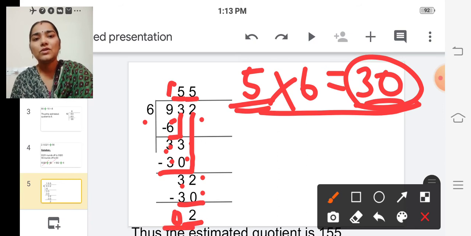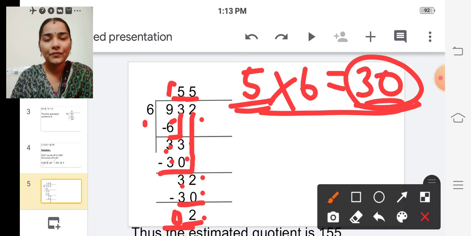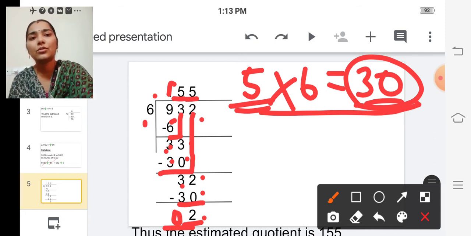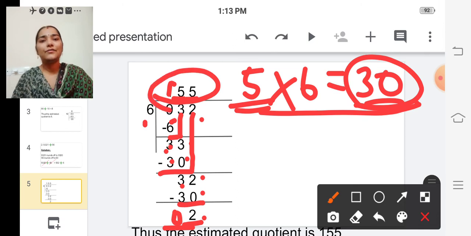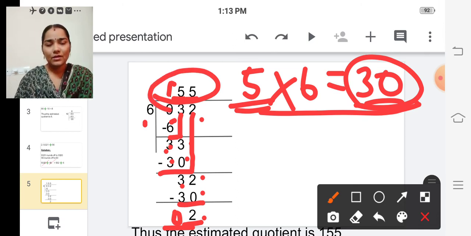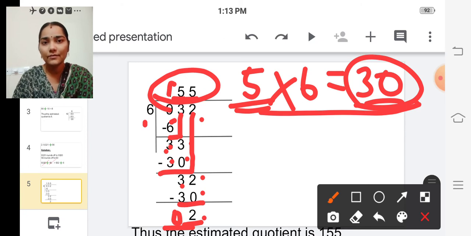So we have to stop here because 2 is less than 6, the divisor. So we cannot divide any further. So the estimated quotient is 155. Is it clear, children? You should be thorough with multiplication tables. Then only you can divide easily.